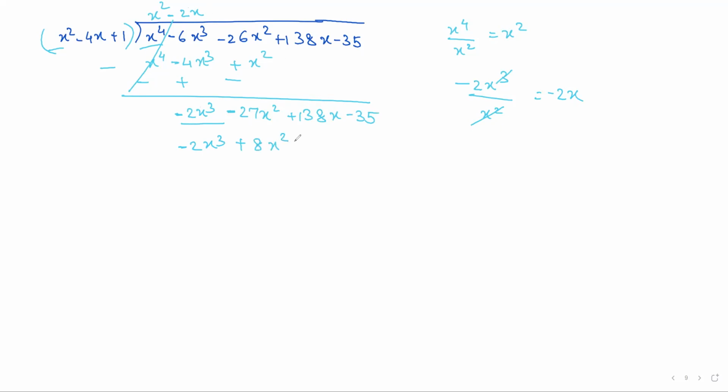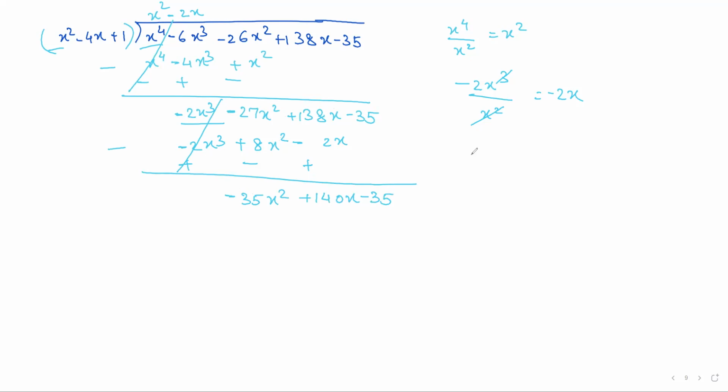Then minus 2x. Subtraction, sign change, cancellation, minus 27x squared minus 8x squared, which will be minus 35x squared, plus 138x plus 2x, which will be equal to 140x minus 35.